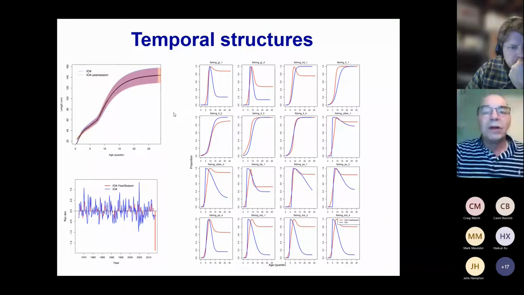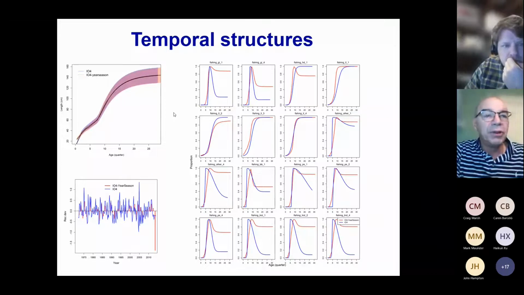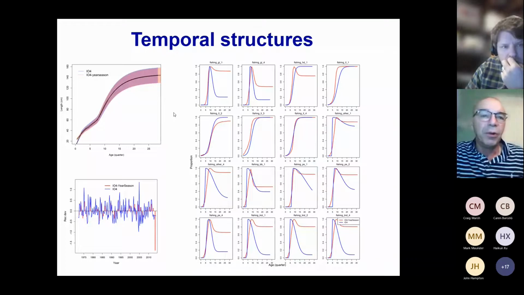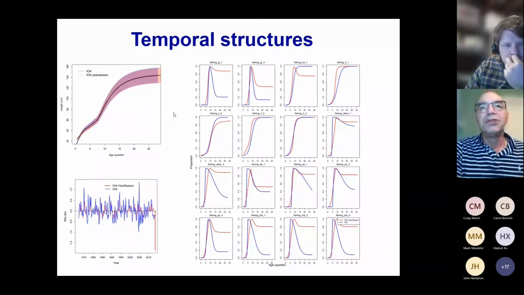Here we have, again, our selectivity curves on the right-hand side, our growth curve in the upper left quadrant, and our recruit devs in the lower left-hand corner. And as we go from the season within year model to the quarters, we see different levels of selectivity showing up.